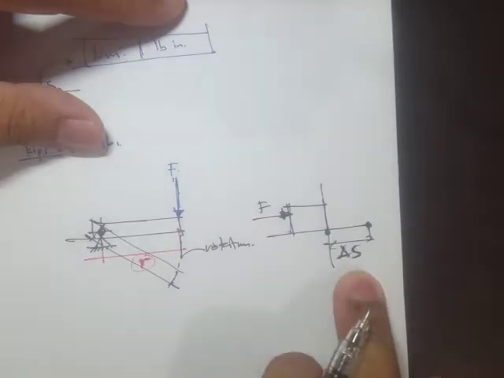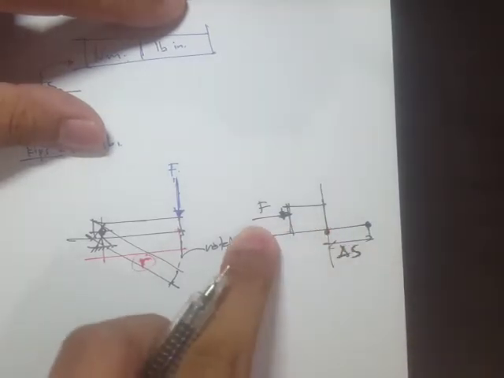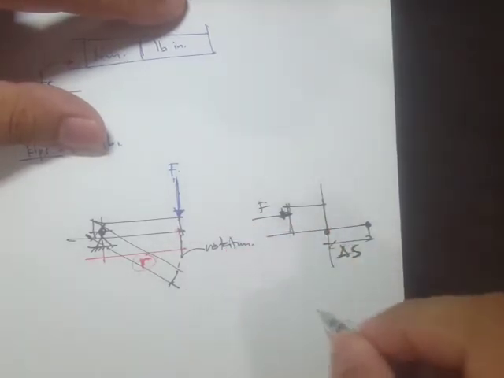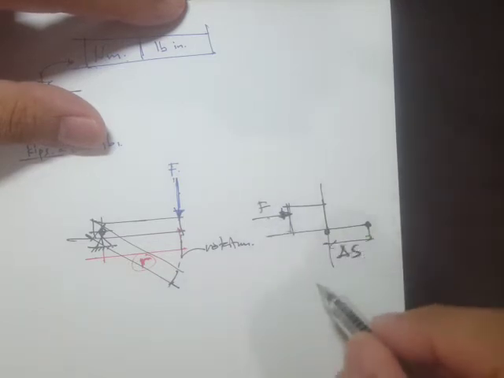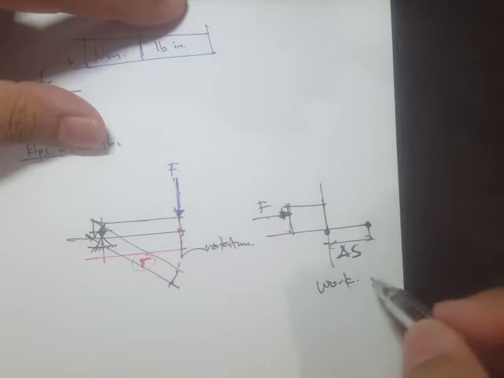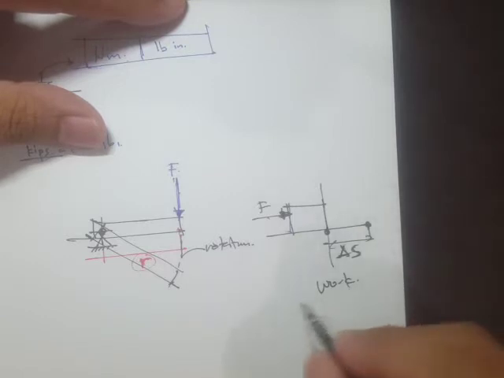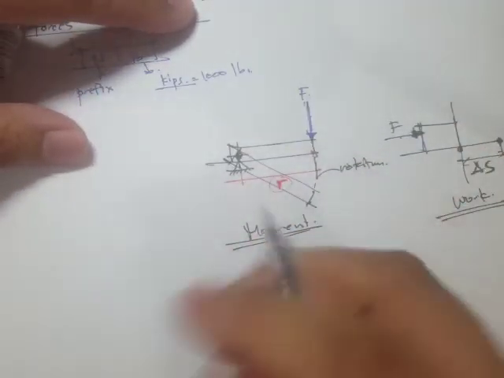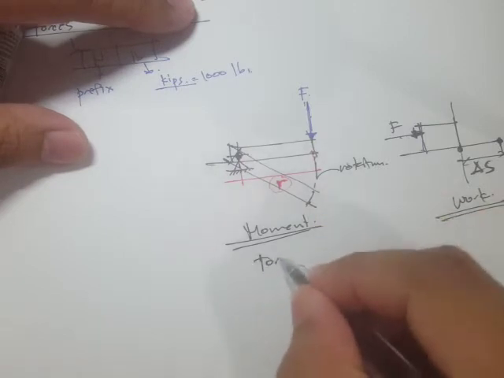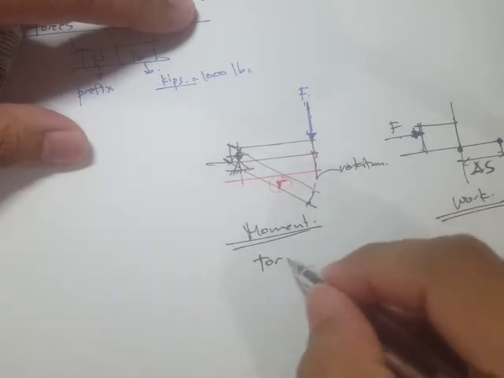This is our distance, so this is also force times distance, except that the force is parallel to the distance. So that's the unit for work. But this one is moment, and sometimes, depending upon the axis of rotation, there's a specific term such as torque.